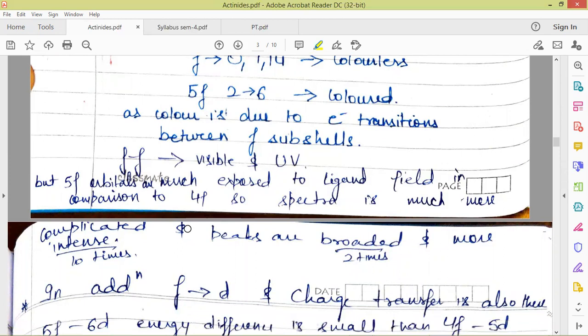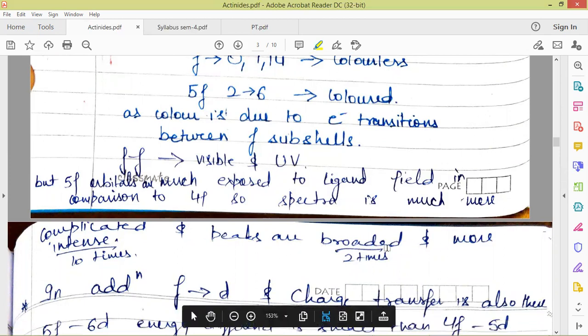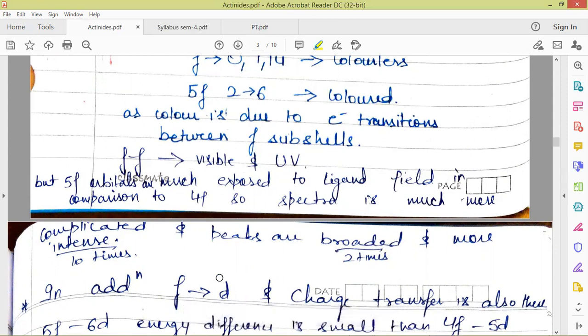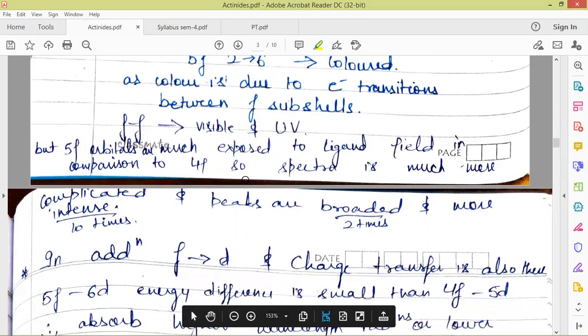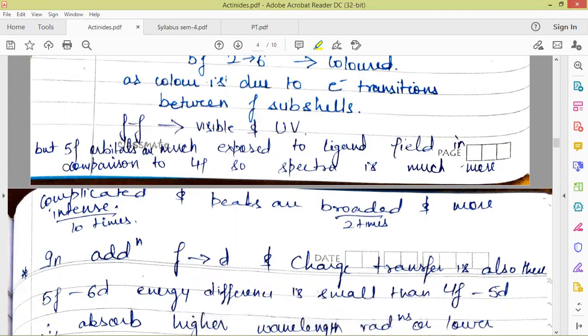Here we get complicated UV-visible spectra, and peaks are 2 times broader in comparison to those of the lanthanides and 10 times more intense. This is due to the exposed 5f orbitals in comparison to the 4f orbitals. Exposure of 5f orbitals to the ligand field is more.